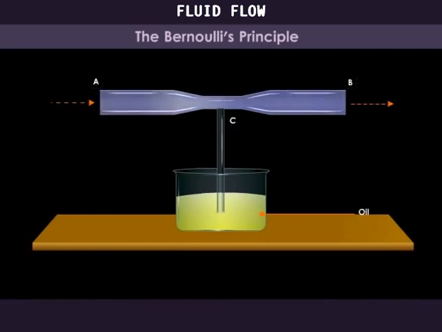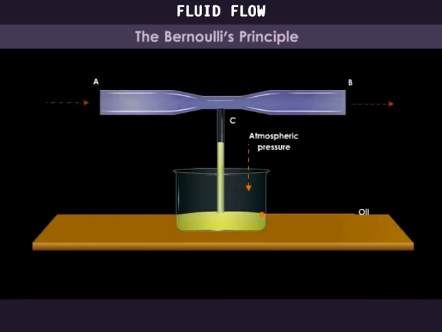The area of cross-section at C is much smaller than that at A and B. When water moves along the horizontal tube, its velocity increases at the constriction. This increased velocity results in decreased pressure below the atmospheric pressure, forcing the oil to rise up in the vertical tube. This speed-pressure relation is known as Bernoulli's effect.